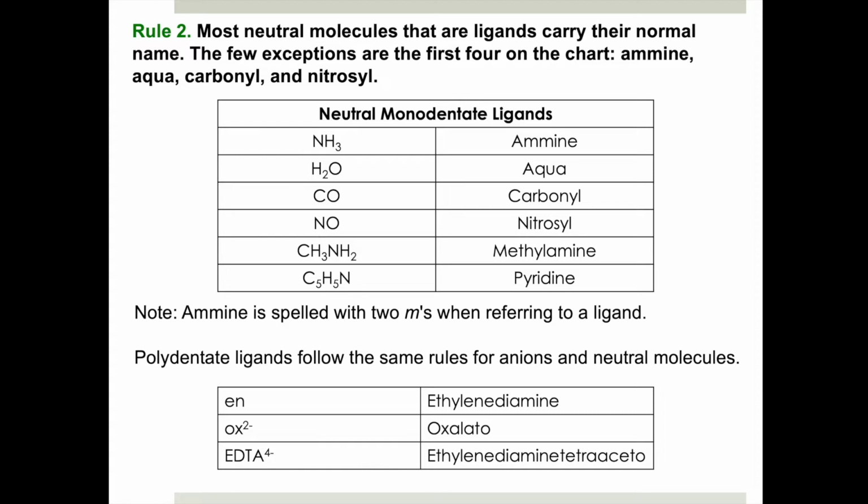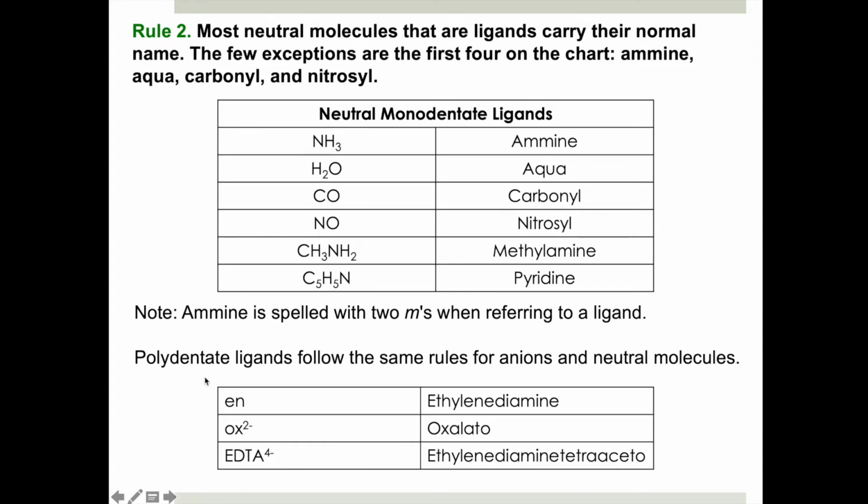And then CO, carbonyl. This is not carbon monoxide in this case. And then NO, nitrosyl. And then methylamine and also pyridine. Please note, ammine is spelled with 2 M's when referring to a ligand.